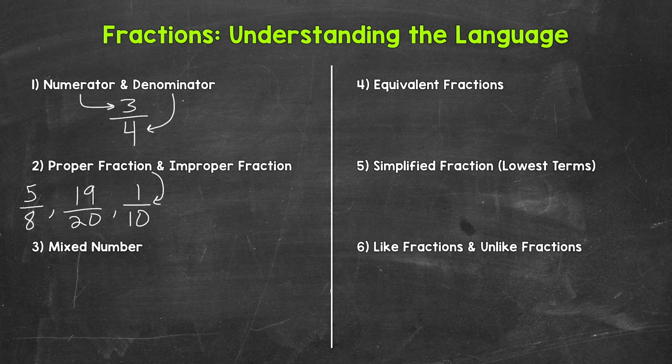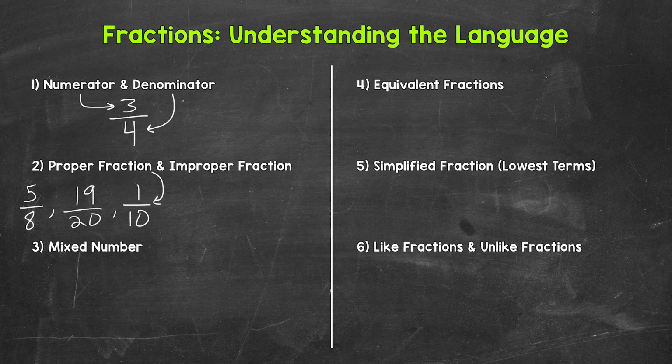As far as an improper fraction, the numerator is going to be greater than or equal to the denominator. So the top is going to be greater than or equal to the bottom. And an improper fraction has a value that is either greater than or equal to 1.